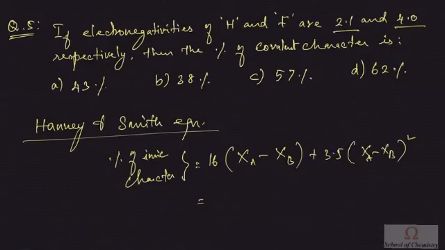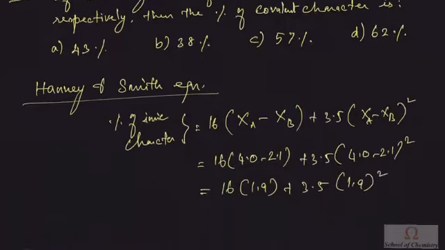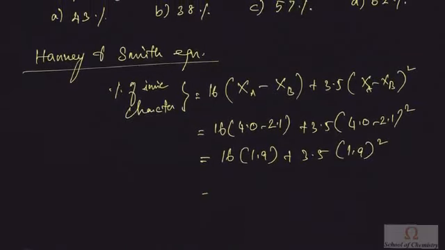Okay, now if I substitute these values, 16 into 4.0 minus 2.1 plus 3.5 into 4.0 minus 2.1 whole square, I'll get 16 into 1.9 plus 3.5 into 1.9 whole square, right? Now if I simplify this, I'll get 30.4 plus 12.635, which is nothing but 43.036.